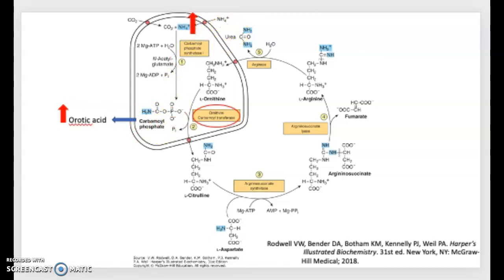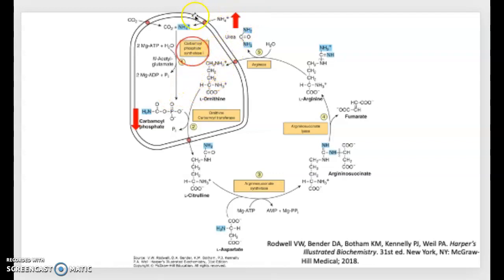It is least likely that there is going to be a deficiency in carbamyl phosphate synthetase 1. This is least likely because if there was a deficiency here, urine orotate would be low. Blood ammonia levels would still be elevated, but the orotate levels would be low in the urine because carbamyl phosphate is low, so it's not going to be diffusing out into the cytoplasm.